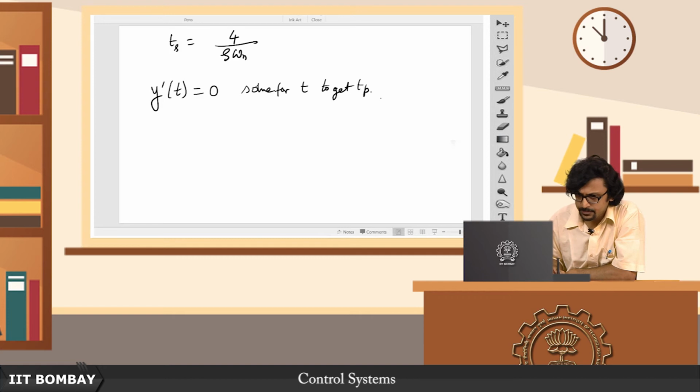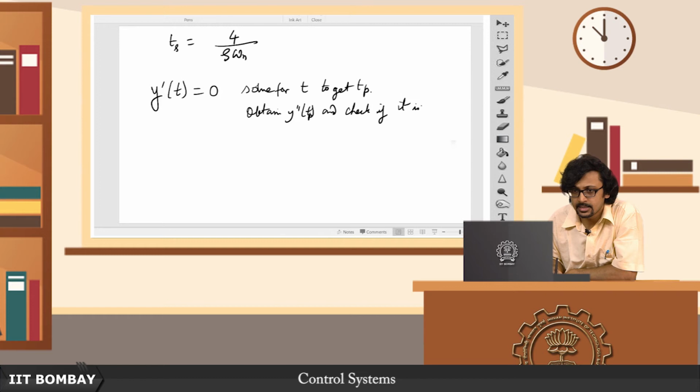Then in order to convince yourself that this Tp indeed corresponds to a maxima, you should also obtain y double dash t at Tp and check if it is negative. So this is part of an exercise that you should do and convince yourself.